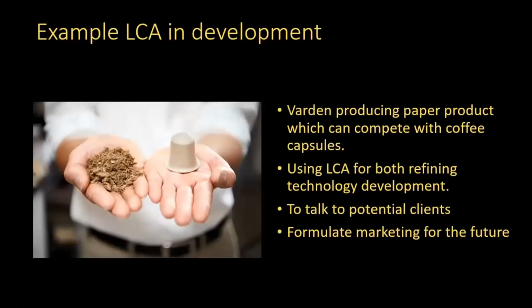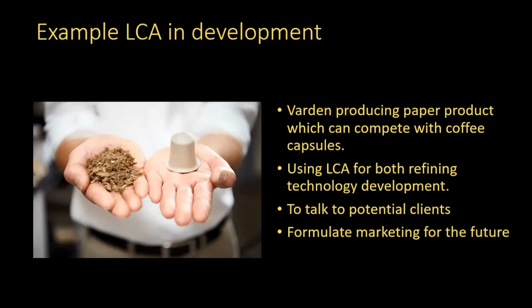An example of this where we're working currently is with a group at Monash. I saw some Monash people are online called Varden, who are using sugarcane to make coffee capsules, amongst other things.